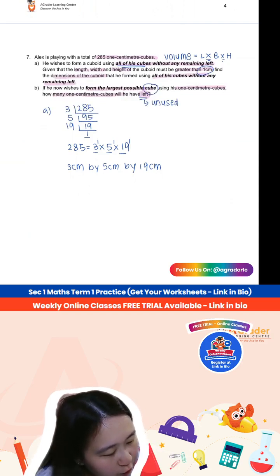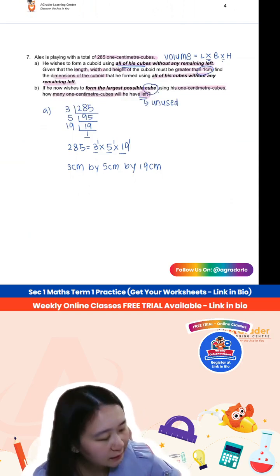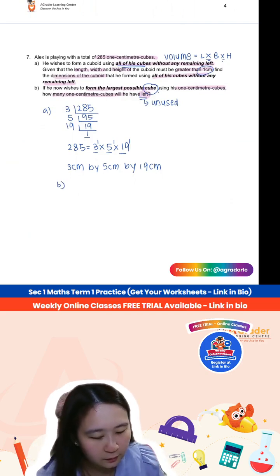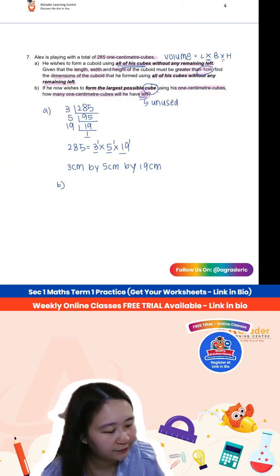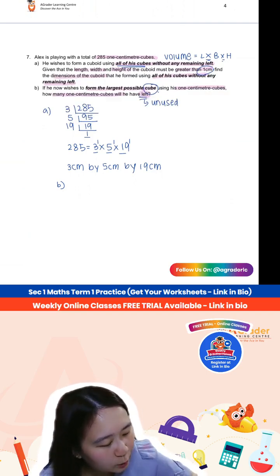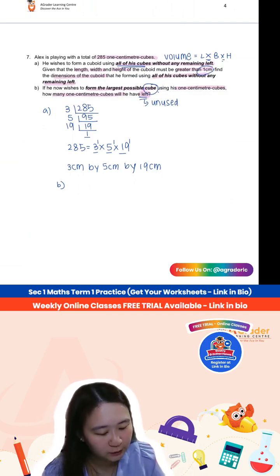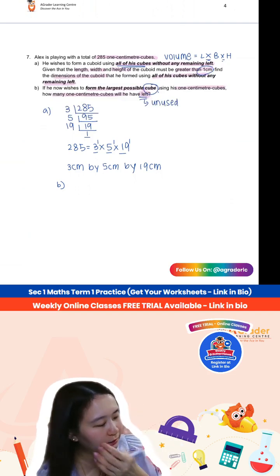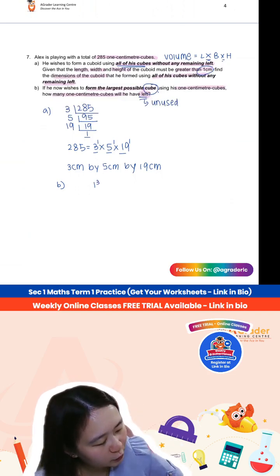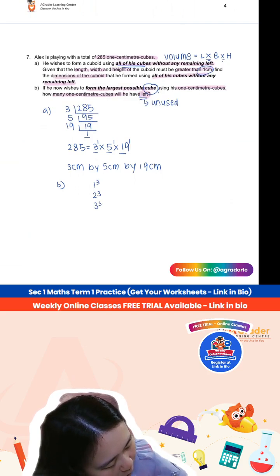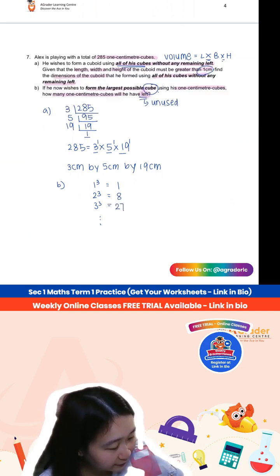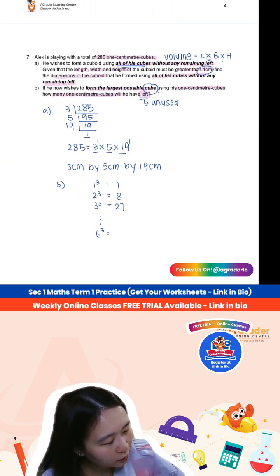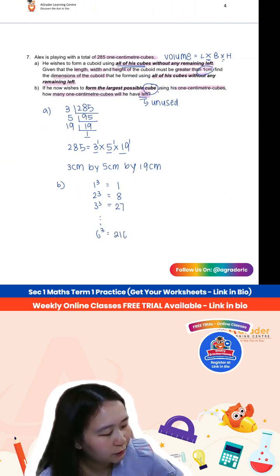So you want the largest cube, so we'll be looking at cubic numbers. What is the greatest cubic number that is available if he has 285 1 cm cubes? We can start with 1 cube, 2 cube, 3 cube, and so on. 1 cube is 1, 2 cube is 8, 3 cube is 27, and then we'll go on until 6 cube, we have 216.